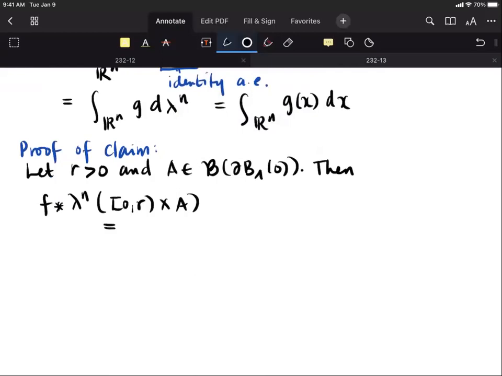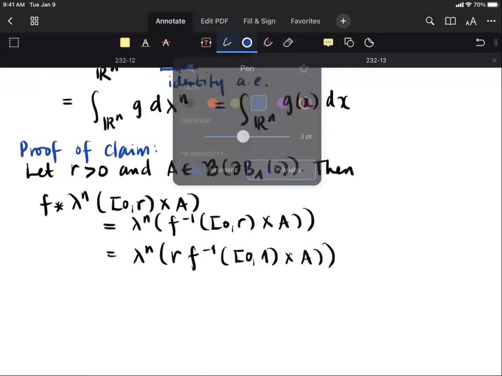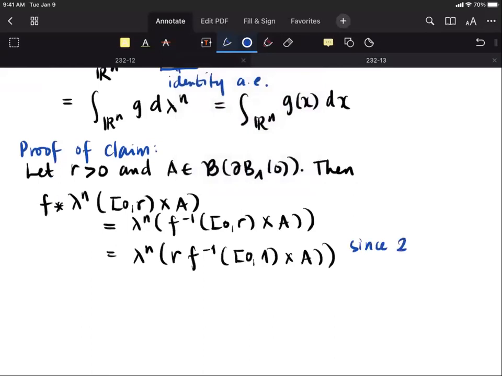And this is equal to, according to the definition of the image measure, F inverse of 0R times A. Now, you can show that this is the same as R times F inverse of the cell 0, 1 cross A. Now, since the second argument of F is invariant with respect to scaling.